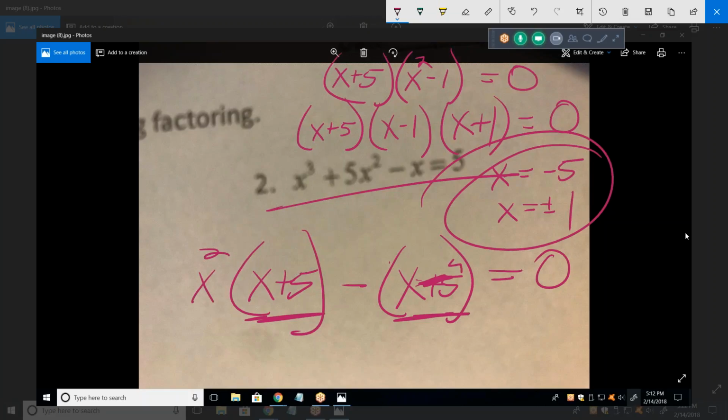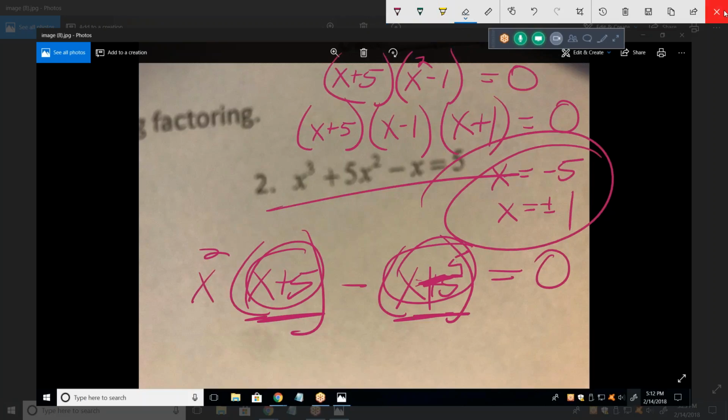If I'm looking at an x plus 5 and an x minus 5, I know I've made a mistake. Because that means I can't do it by grouping, and if I can't do it by grouping, they wouldn't have given it to me. So that has to be x plus 5. You could almost not even bother to go back and find your mistake, just turn that into the same thing that that is, and then proceed from there. Not sure I've ever given that as a math tip, but I just did.